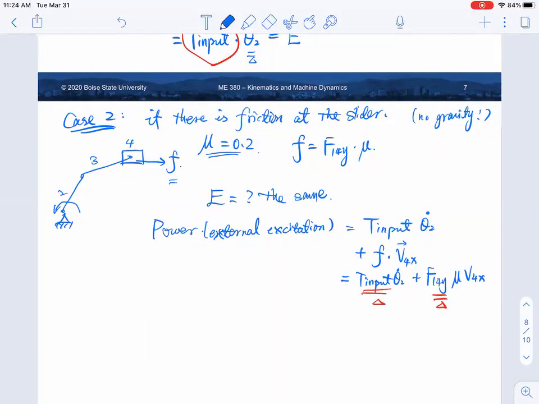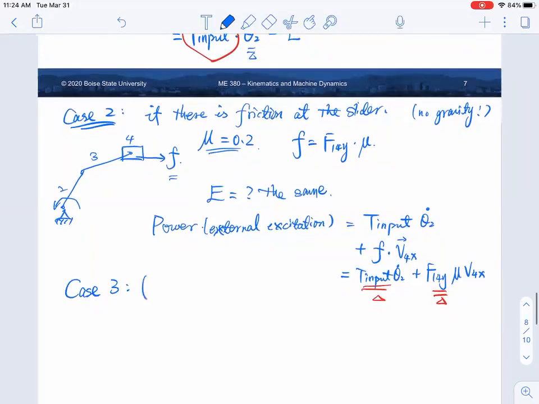All right. So I think I'm gonna end it here, and I'm gonna give you one more case to think about after the class. Case 3, using energy method.